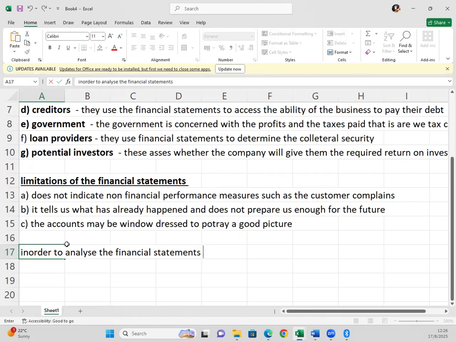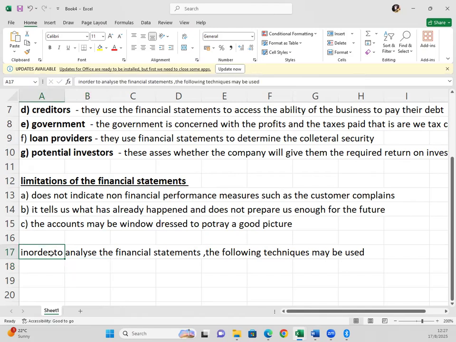In order to analyze the financial statements, the following techniques may be used.